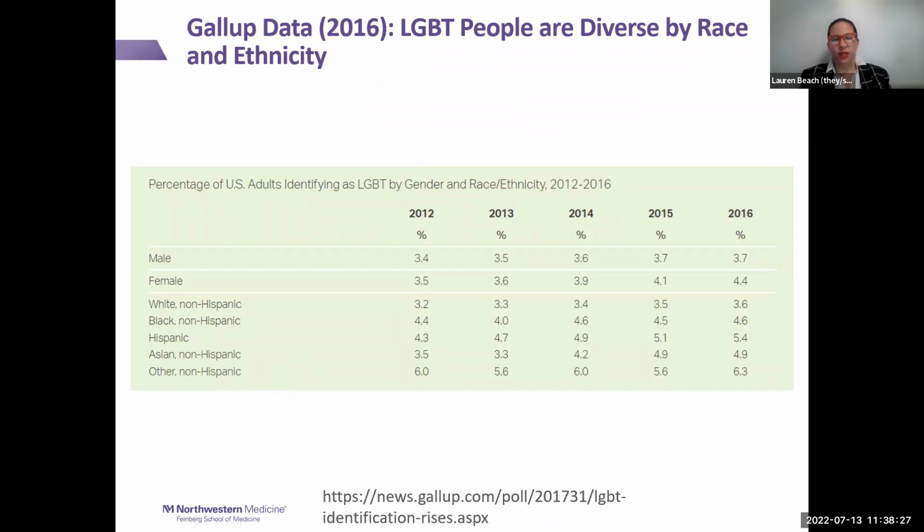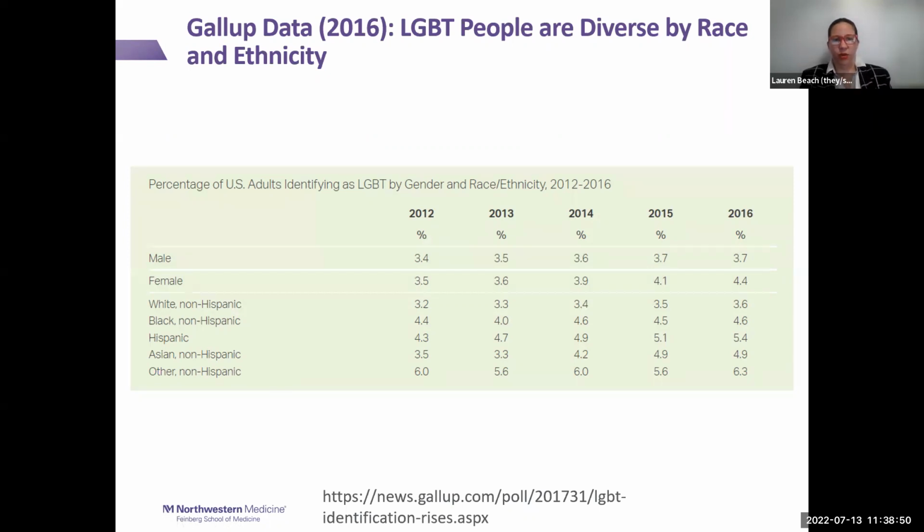Next, if you want to look at the intersections between race, ethnicity, and sexual orientation, specifically through the dimension of sexual identity, the Gallup data is often only broken down by sex versus race and ethnicity. They haven't done much reporting on the racial and ethnic breakdown within each LGBT letter.